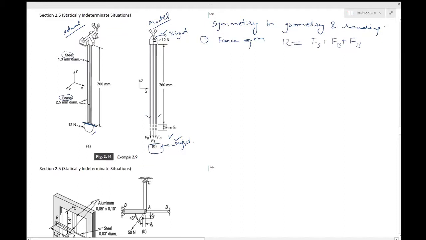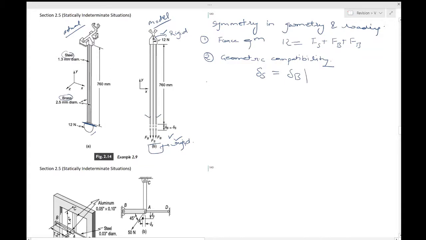Okay, there are two brass rods. Then you go for the geometric compatibility. That is delta S is equal to delta B. The extension in the steel rod will be the same as that in the brass rod.